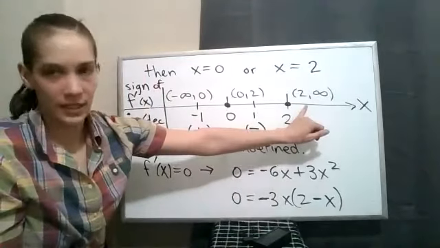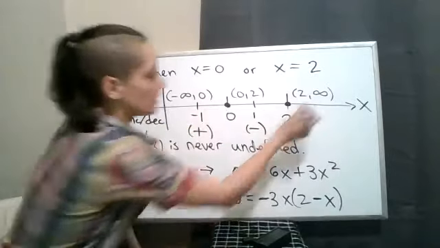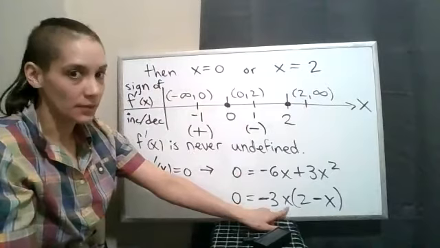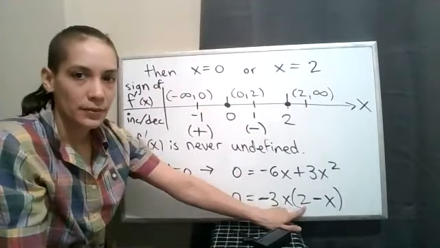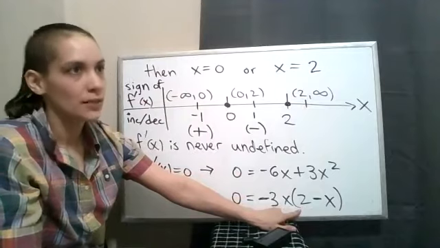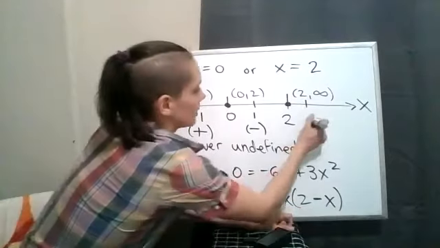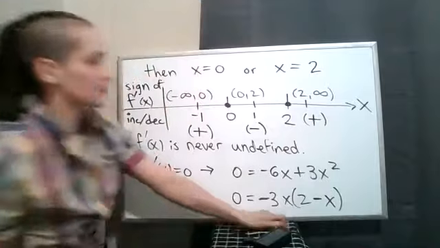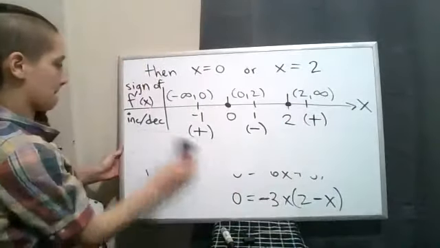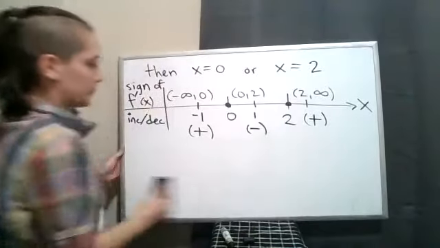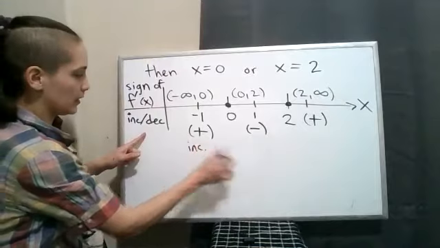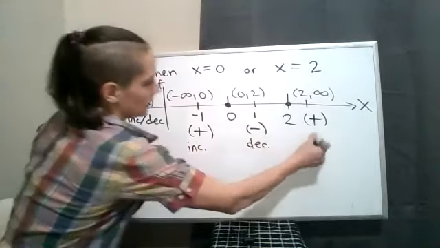And let's test out positive 3. Negative 3 times positive 3 is negative 9. If we have a 3 here, this would be a negative 1. So we'd have positive 9. So we're increasing, decreasing, increasing.